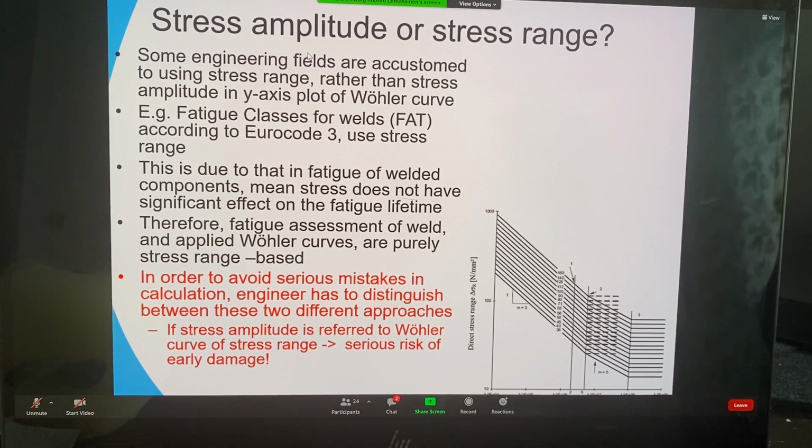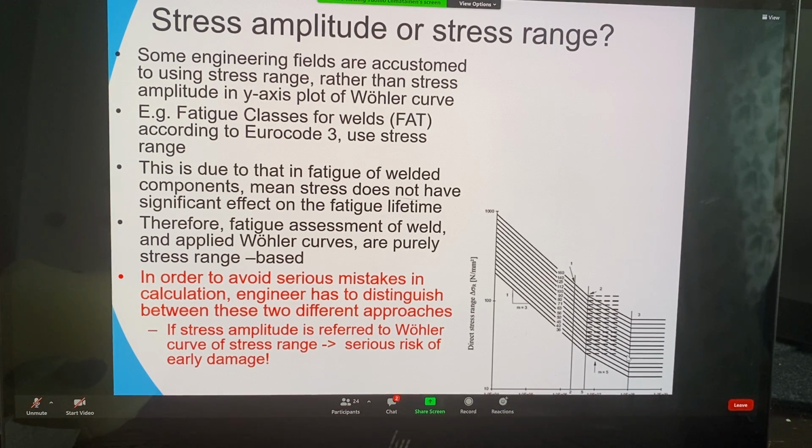And why is it important to distinguish? The reason is that if you apply a stress amplitude to a certain Wöhler curve that is made for stress range, then you will basically have double too high stresses. So there's a serious risk of early damage.